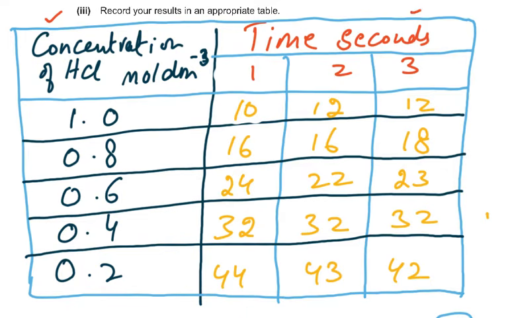Then the third mark was for records of times for each of the 3 cubes at each concentration. So giving these 15 figures that I have written in yellow, you got 1 mark for that. And the expected pattern of result was that the more the concentration of HCl, the less the time, and then it will increase as the concentration became lesser, as the diluted solution of HCl.